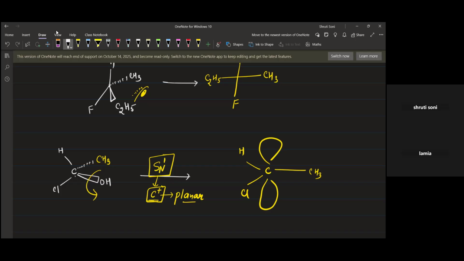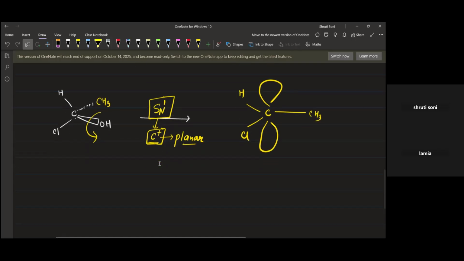Yeah, sure. So see, SN1 and SN2. I will go with SN2 also, so you will understand the major difference between SN1 and SN2. Firstly SN1. In case of SN1, you know that a carbocation will form. So what is carbocation?